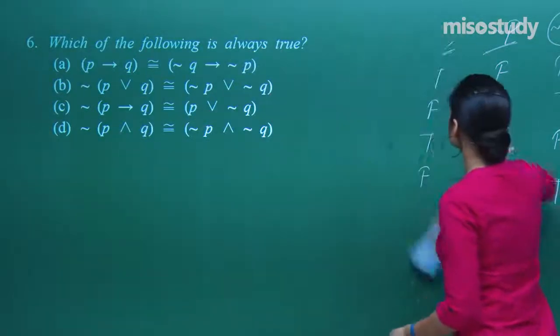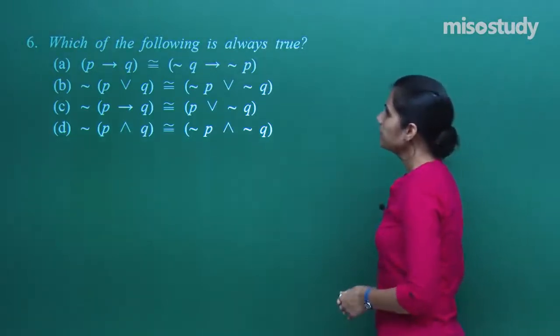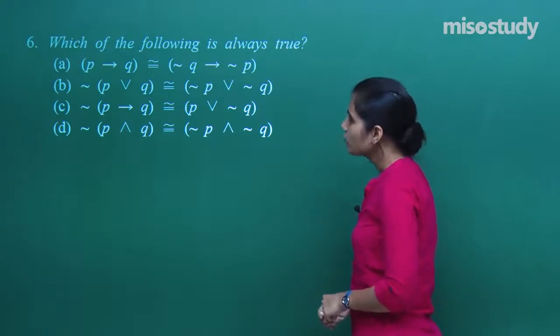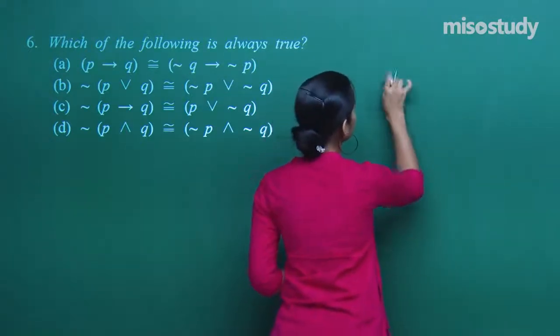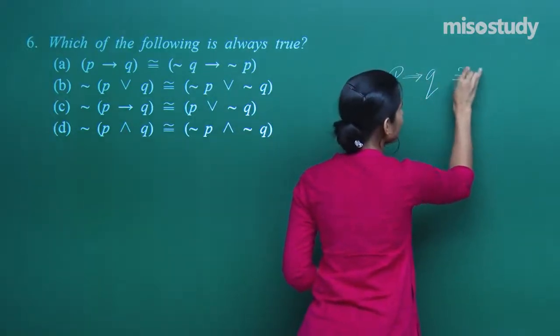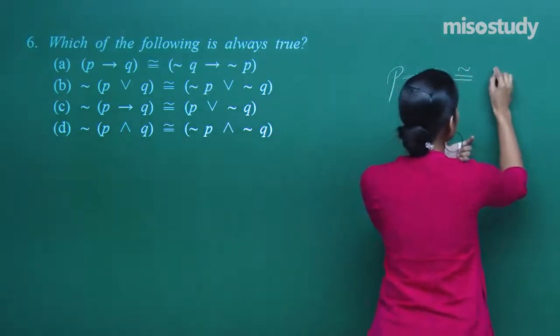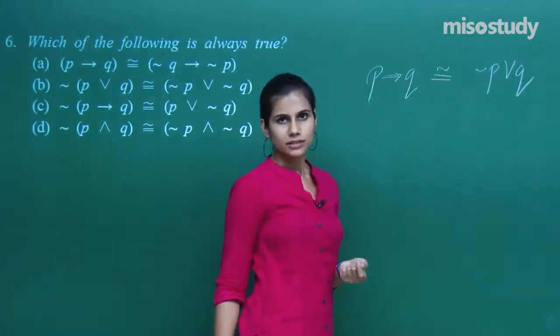Moving to the next question: which of the following statements is always true? Let's see. P implies Q is logically equivalent to not Q implies not P. You should know that P implies Q is logically equivalent to not P or Q. This we've done.